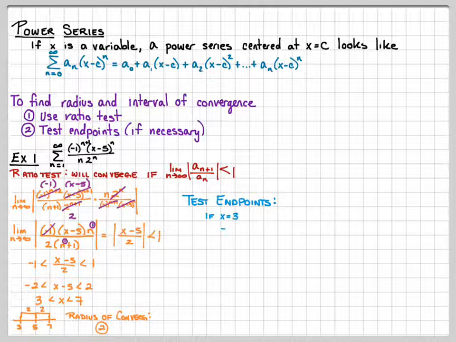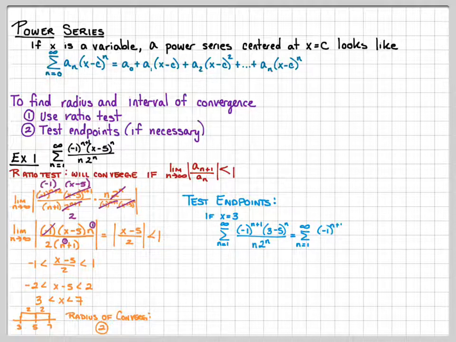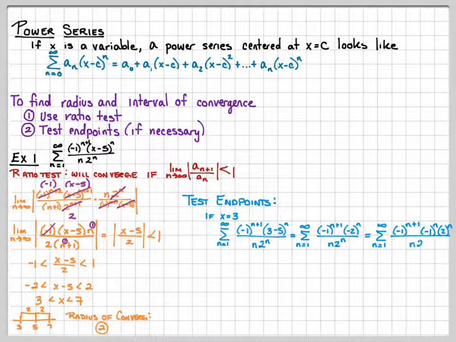So if x equals 3, then the sum from n equals 1 to infinity of negative 1 to the n plus 1, and plugging in 3 for x, then simplifying, negative 1 to the n plus 1 times negative 2 to the n over n times 2 to the n. You can split up the negative 2 to the n to be negative 1 to the n times 2 to the n over n times 2 to the n.